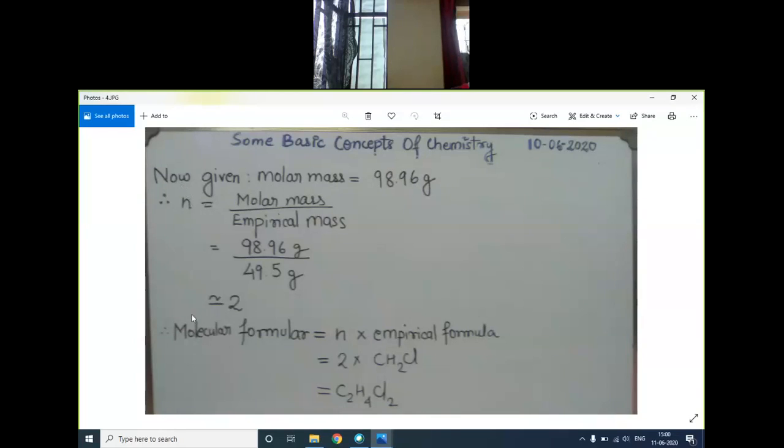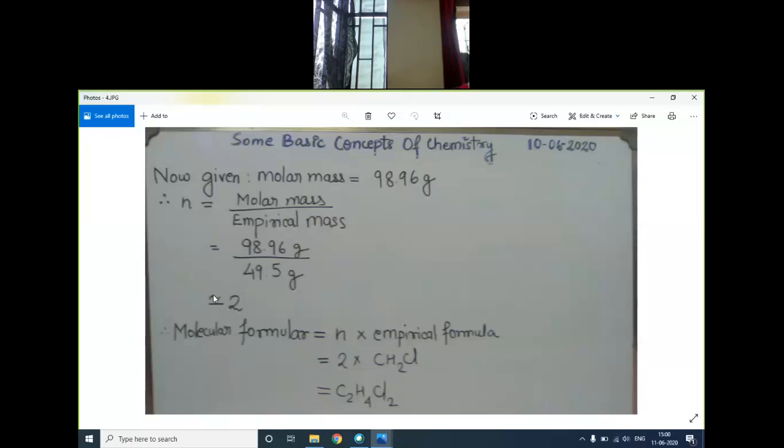Because to get the molecular formula we have to calculate N. So how to get N? N has the expression molar mass by empirical mass. Molar mass will be given in the problem, and empirical mass we have calculated. So put the values. It will be 98.96 divided by 49.5 gram.